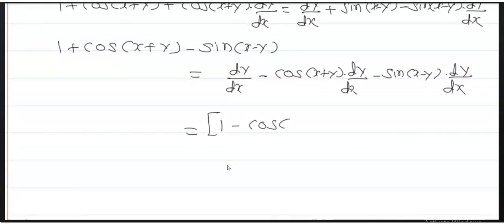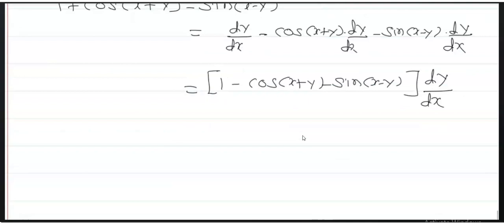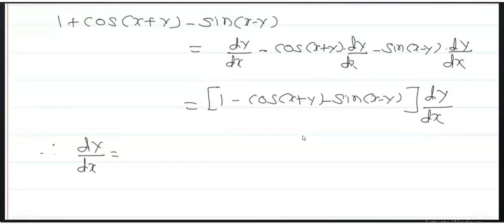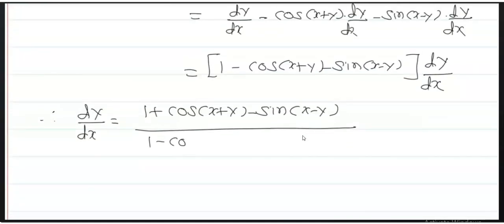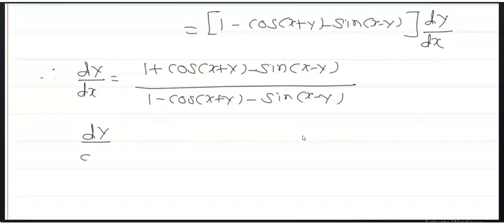Collect all the terms of dy by dx: 1 minus cos of x plus y minus sin of x minus y, bracket complete, into dy by dx. Therefore dy by dx is equal to 1 plus cos of x plus y minus sin of x minus y, whole divided by 1 minus cos of x plus y minus sin of x minus y, and this is the answer.